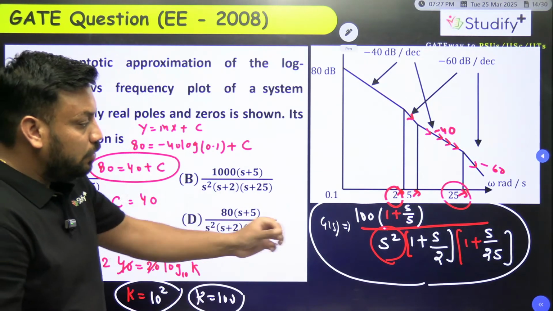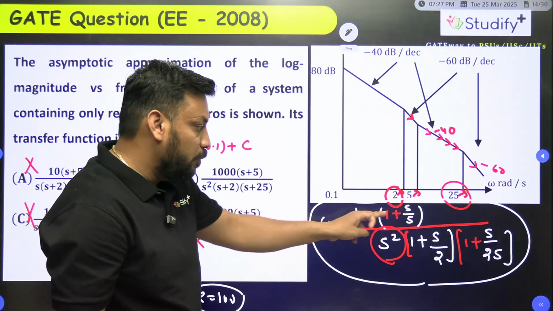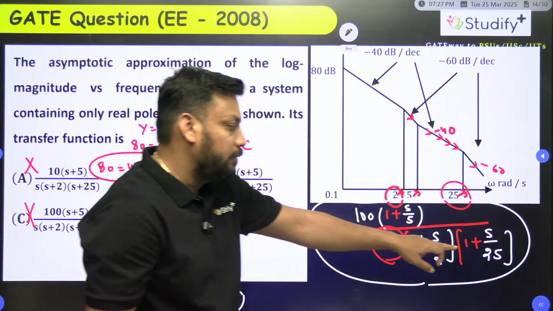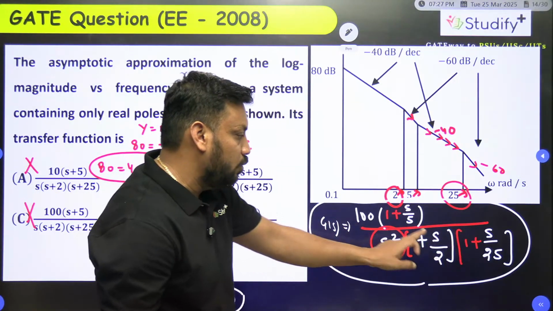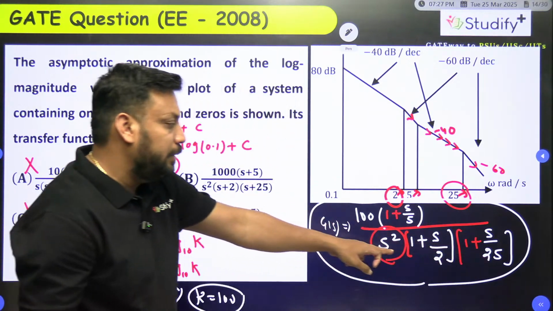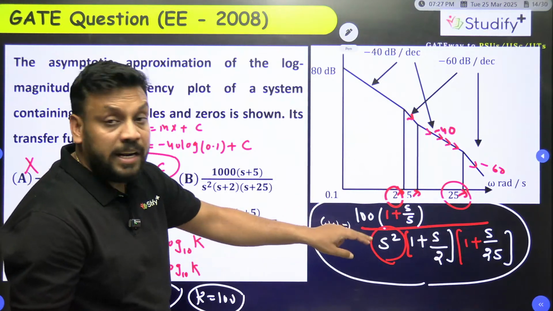And what your simple observation says is that when you take the LCM, in the numerator 1 by 5 you can take outside. Here 1 by 2 you can take outside, and 1 by 25 you can take outside. After taking outside, this 25 will be here, 2 will be here, and 5 will be here. Yes or no? So what is coming from the ultimate denominator? 25 into 2 is 50. So 1 by 50 in denominator.